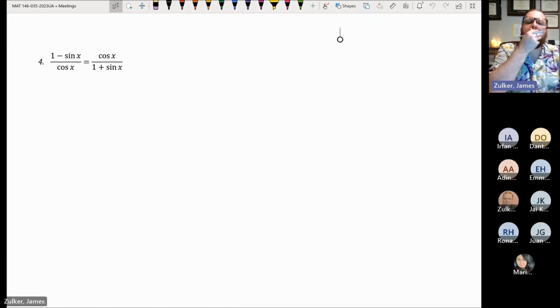Now to verify 1 minus sine over cosine equals cosine over 1 plus sine.